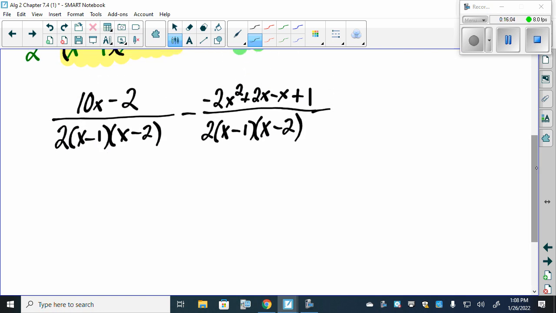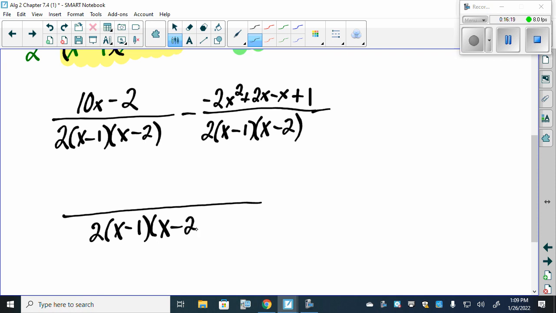Any questions on how we got to this point here? Now, what we can do next is we can combine like terms and get these on the same rational expression in one move. Because we'll have 10x minus 2 minus, well, we would have negative 2x squared.